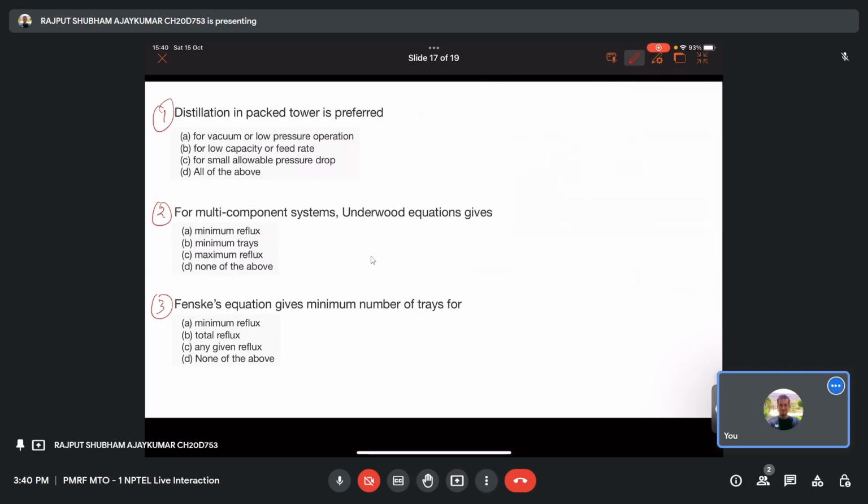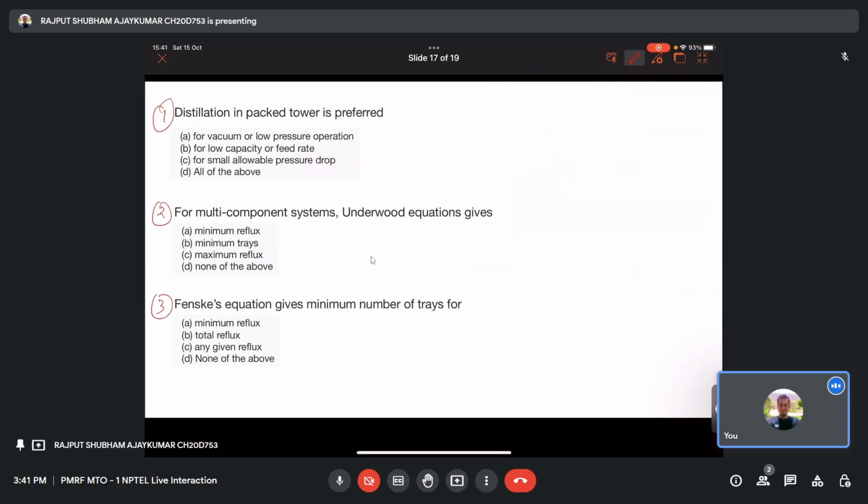If you look at the packed tower, there will be packings, and there will be a pressure drop when pressure builds up inside the packings. So the allowable pressure drop should be small in a packed distillation tower, and it has a low capacity or feed rate because the packings also occupy space between the gas and liquid flow. Packed towers are predominantly used for low pressure or vacuum operations, and for low capacity or feed rate.